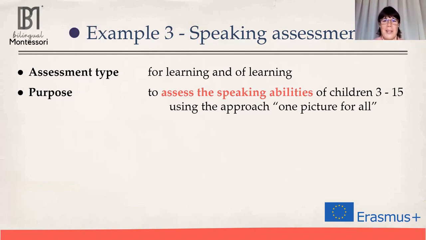Maybe it's described somewhere in some very smart books, but this is a term I came up with because I was thinking really hard how to run a speaking assessment that I could use with the younger children at the same time as with the adolescent children.